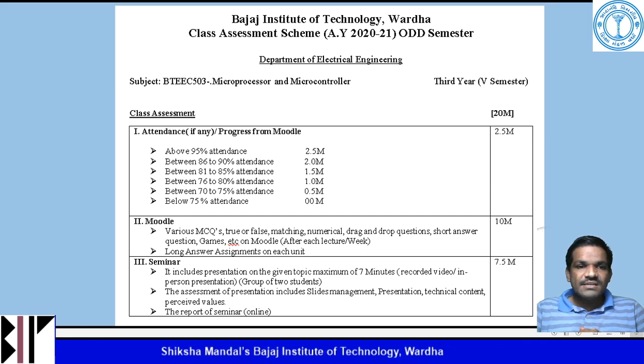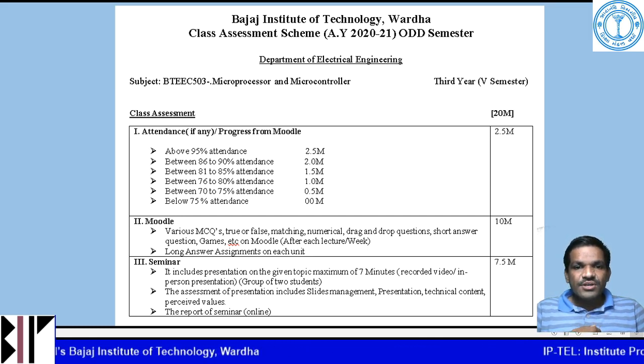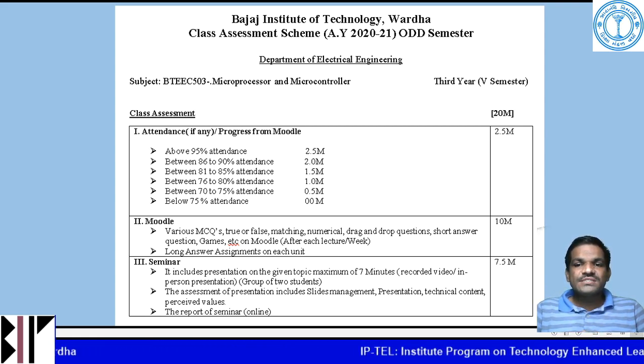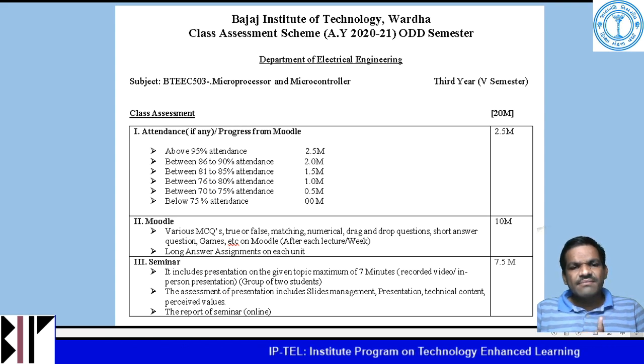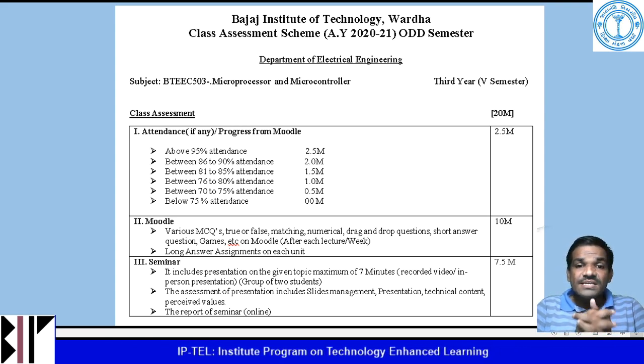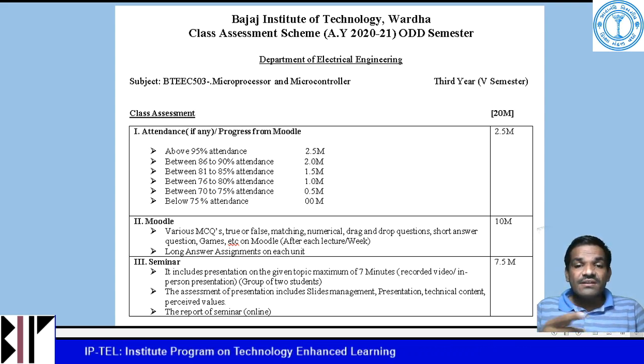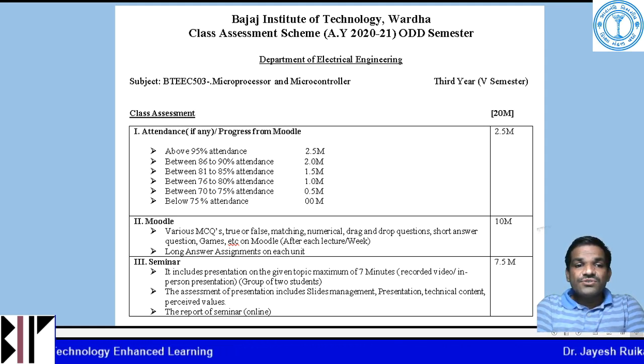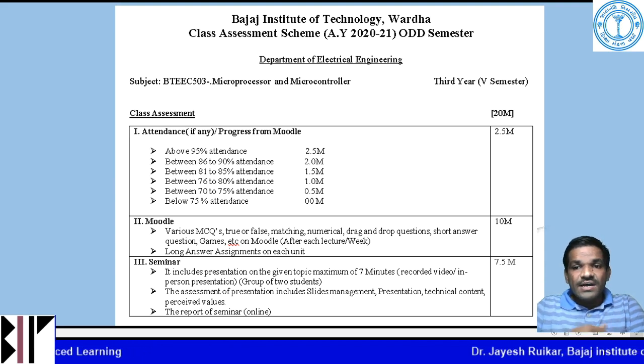Then the second point is Moodle. On our course page, we will give you various MCQs, true or false, numerical, drag and drop questions, short answer questions, games, etc., after each lecture or after a week, and then long answer assignments on each unit. This second point carries 10 marks.